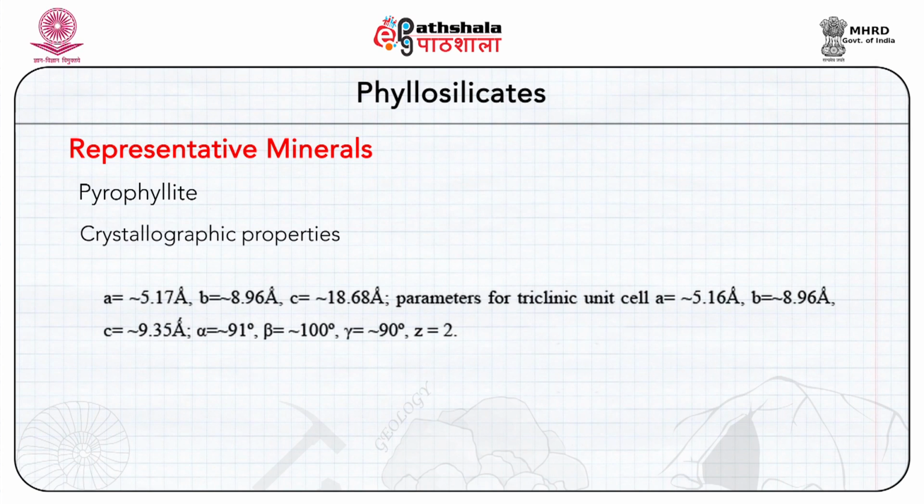The parameters for triclinic unit cell are A equivalent to 5.16 angstrom, B equal to 8.96 angstrom, C equal to 9.35 angstrom. The alpha angle is about 91 degree, beta angle is about 100 degree and gamma is also about 90 degree and Z is equal to 2.